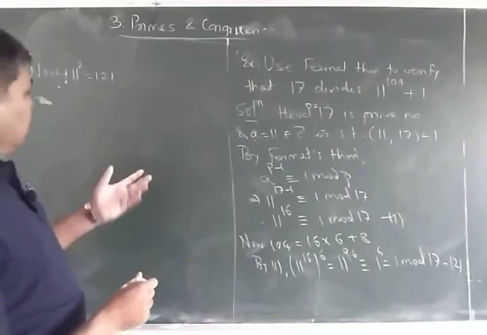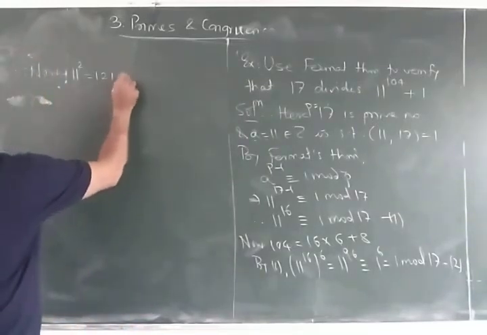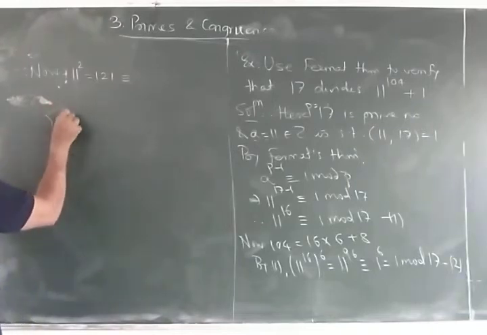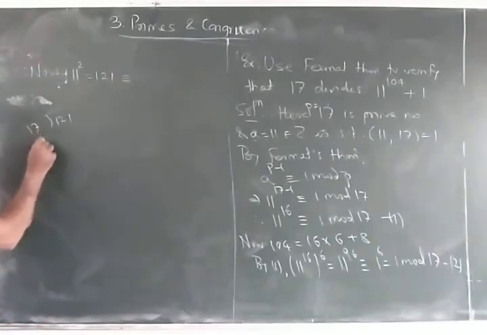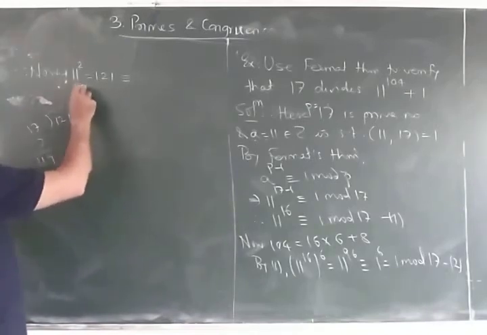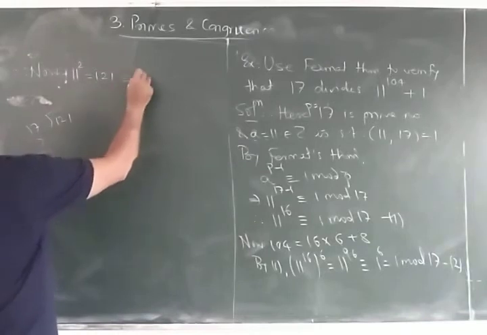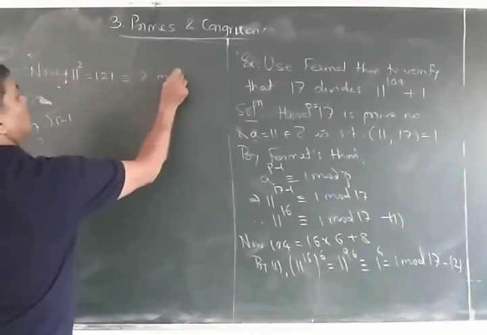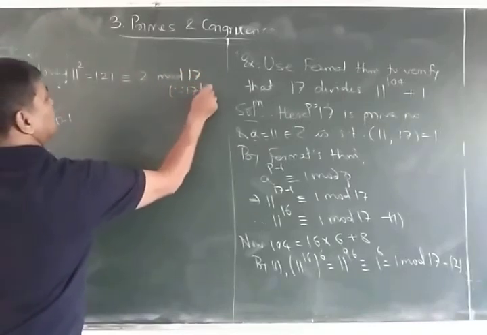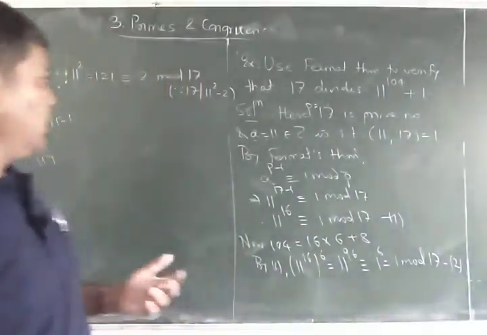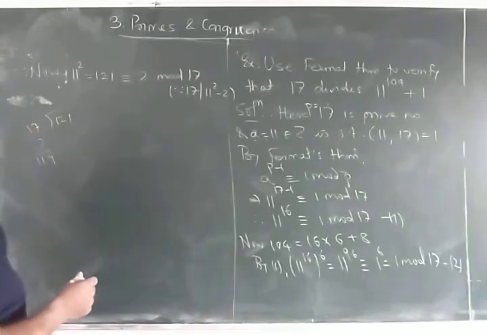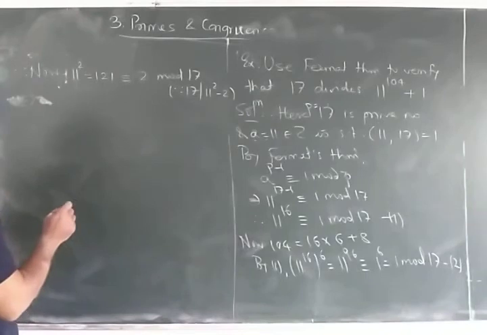If I divide it by 17, 17 times 7 is 119, so the remainder is 2. So 11 square is congruent to 2 modulo 17, since 17 divides 11 square minus 2: 121 minus 2 is 119, which is divisible by 17.